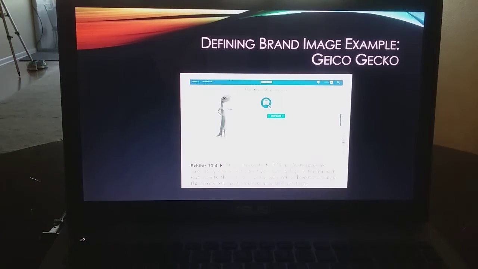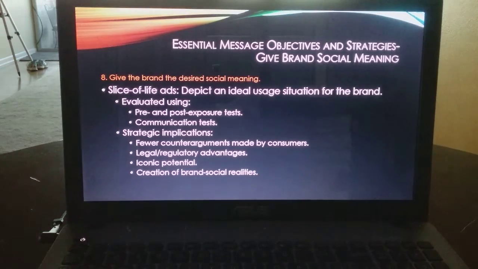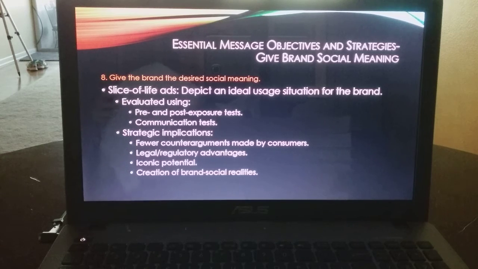Okay, so here we go. Brand image, the GEICO gecko. That's definitely the brand image over and over again. So you want the desired social meaning. You see slice of life ads, families together.